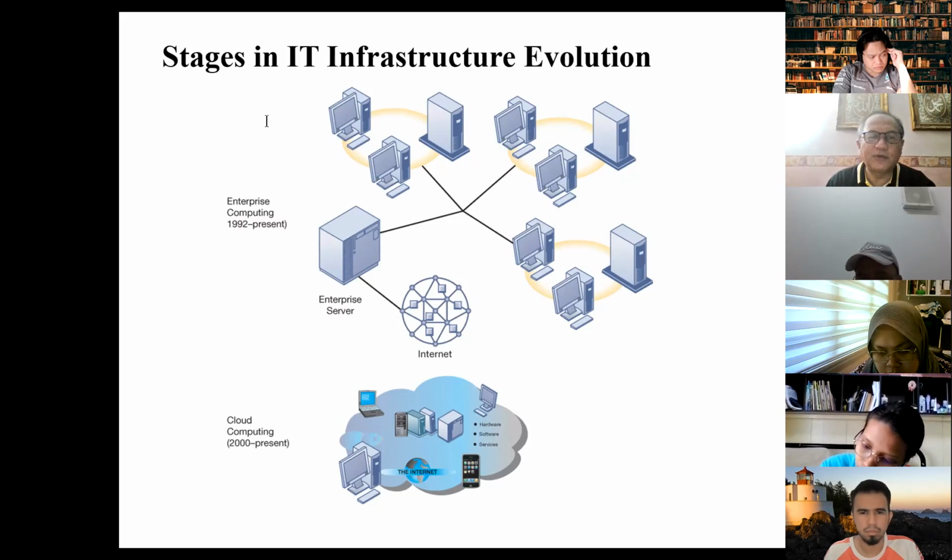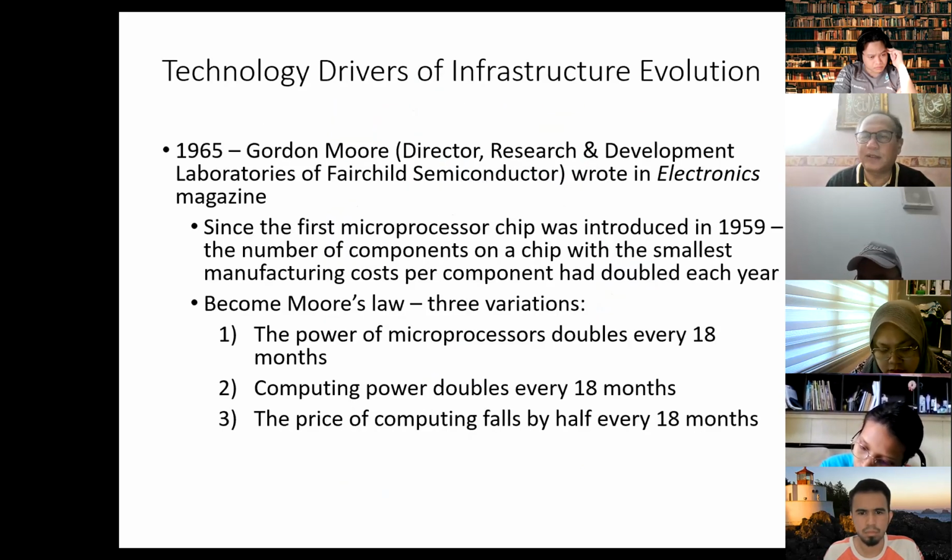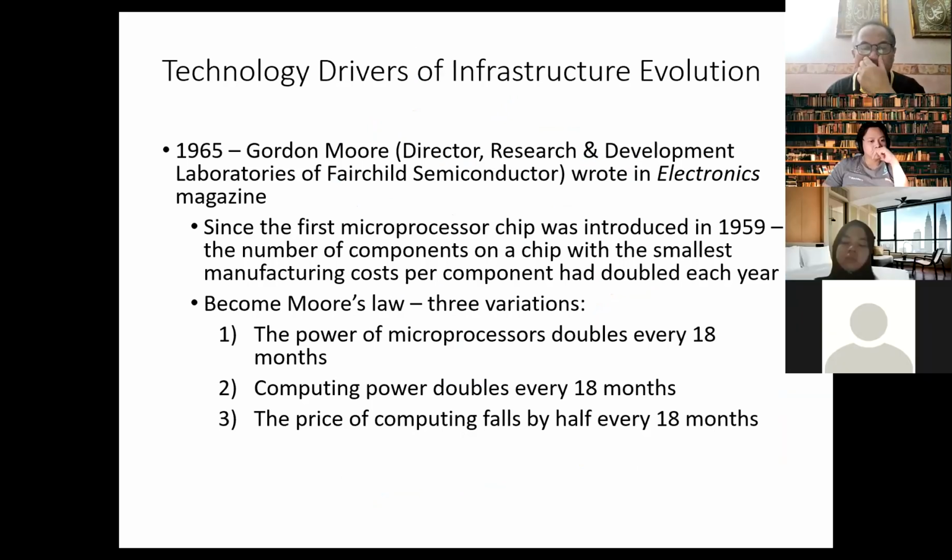Okay, so this is the evolution of computers. What was mentioned by Gordon Moore, actually there is some error here because he did not mention all these things. Some of these things are written because in the open learning I put up the actual article that he wrote, and then later authors came up with this: microprocessor doubles every 18 months, computing power doubles every 18 months, and price of computing falls by half every 18 months.